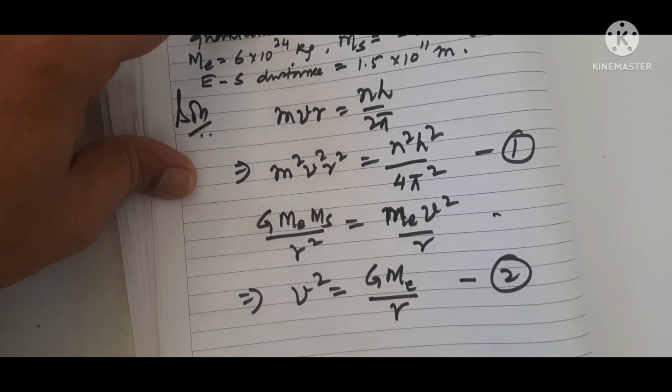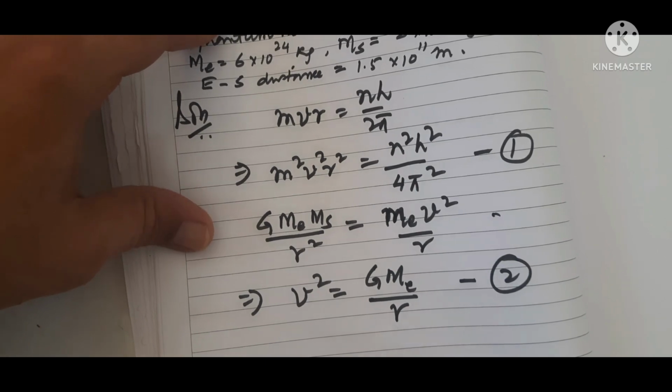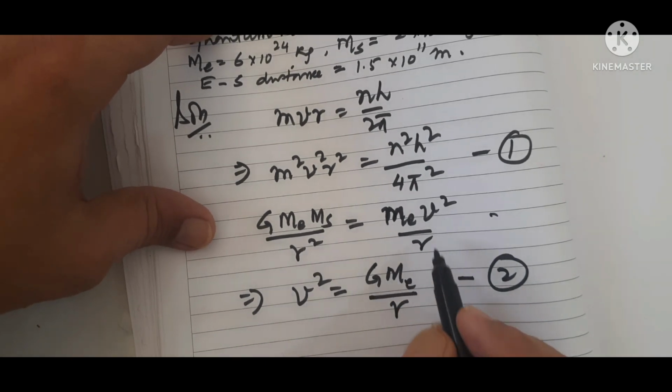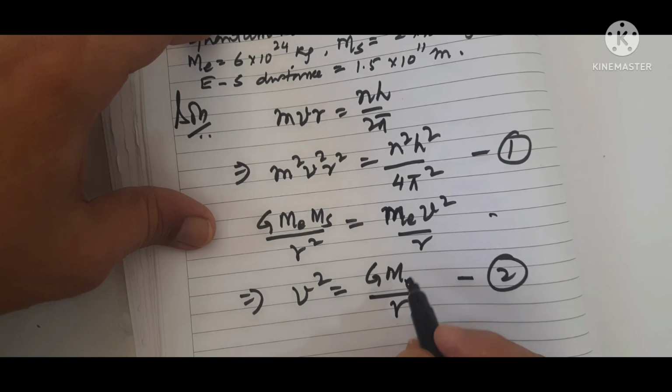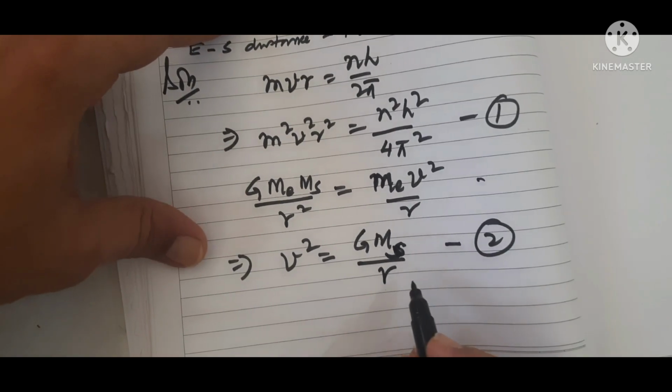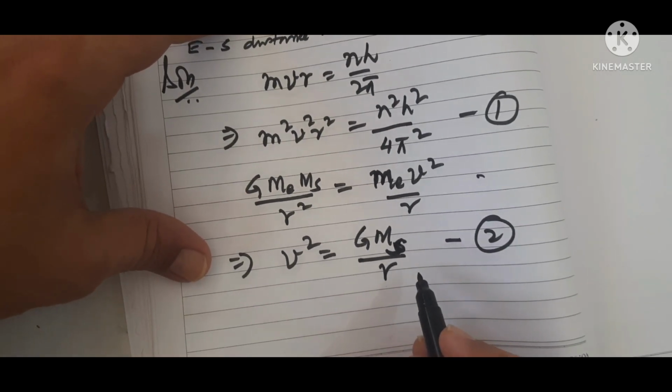That is the equation number 2. Here it should be v square is equal to G, mass of the sun, by r. That should be the other equation.